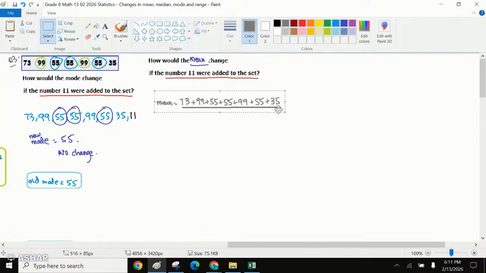Originally, there were 7 numbers, but we put in an additional 11. So now there are 8 numbers. So the mean might come out in decimals because I'm just changing the question, right? 73, 99, 55, 55, 99, 55, 35, and 11, right?